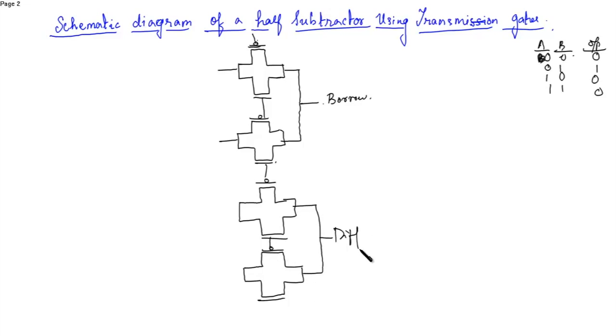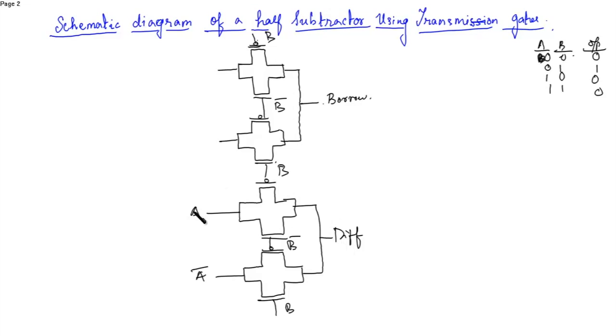This is difference, this is A, this is A bar, this was B, B bar, B. So this should be B bar and this should be B because they run in complementary form. If it's B, here it's B bar, B, B bar and B. So what should be this input? We already knew this part.